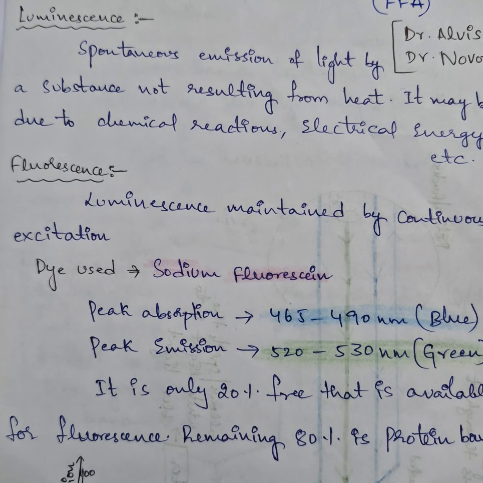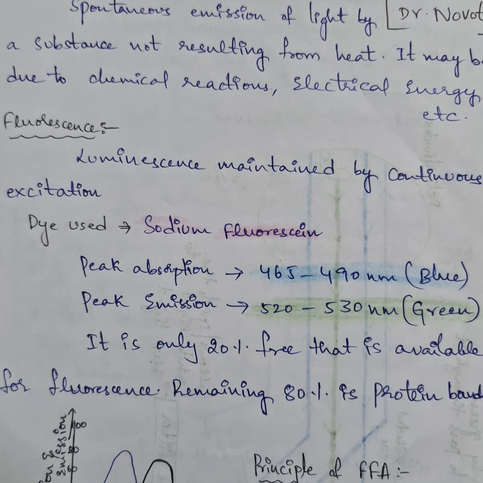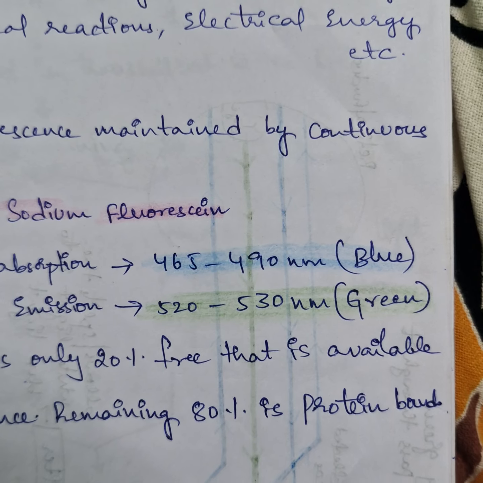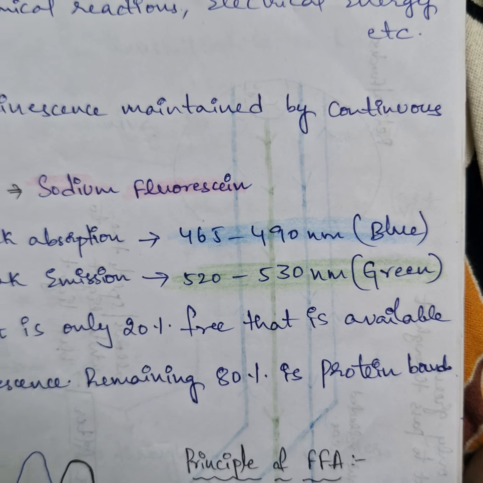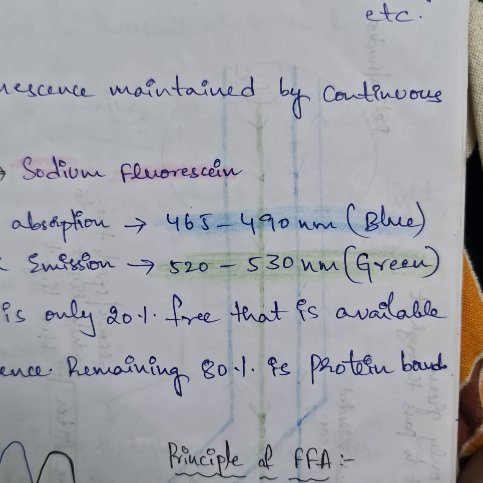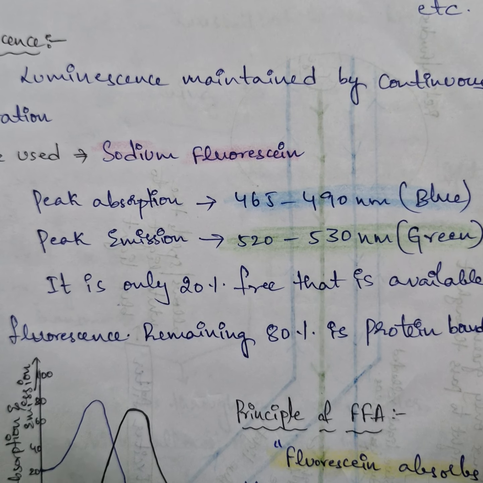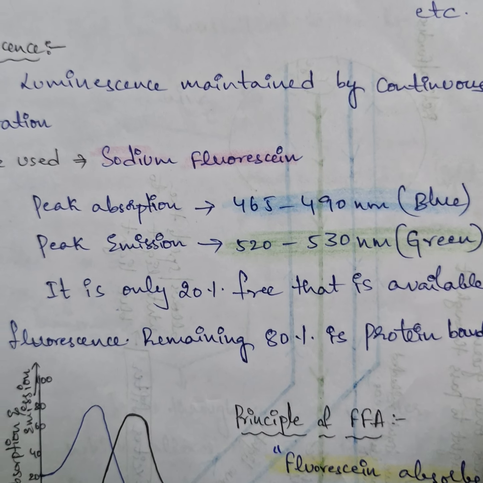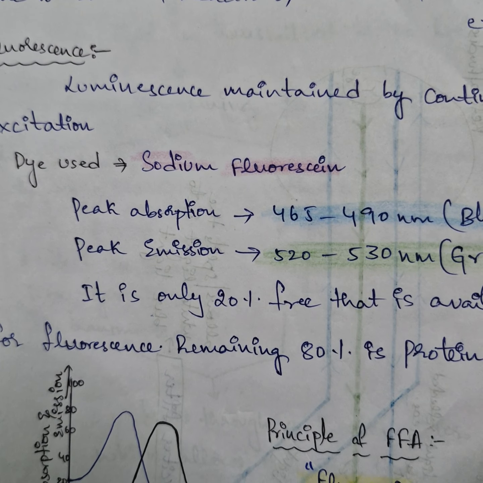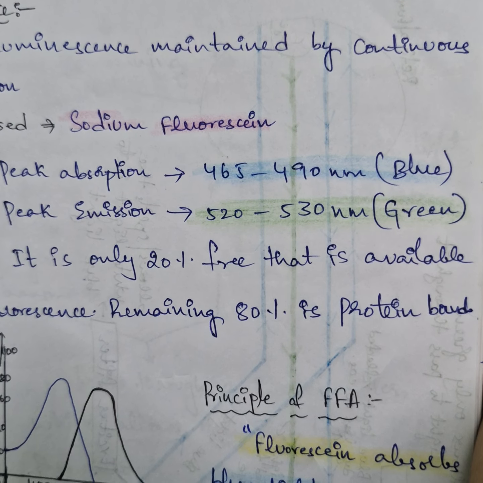The dye used in FFA is sodium fluorescein, which has its peak absorption at 465 to 490 nanometer, which falls under the blue spectrum of light, and its peak emission at 520 to 530 nanometer, which is in the green spectrum of light. Only 20% is free and available for fluorescence, and the remaining 80% is protein bound.